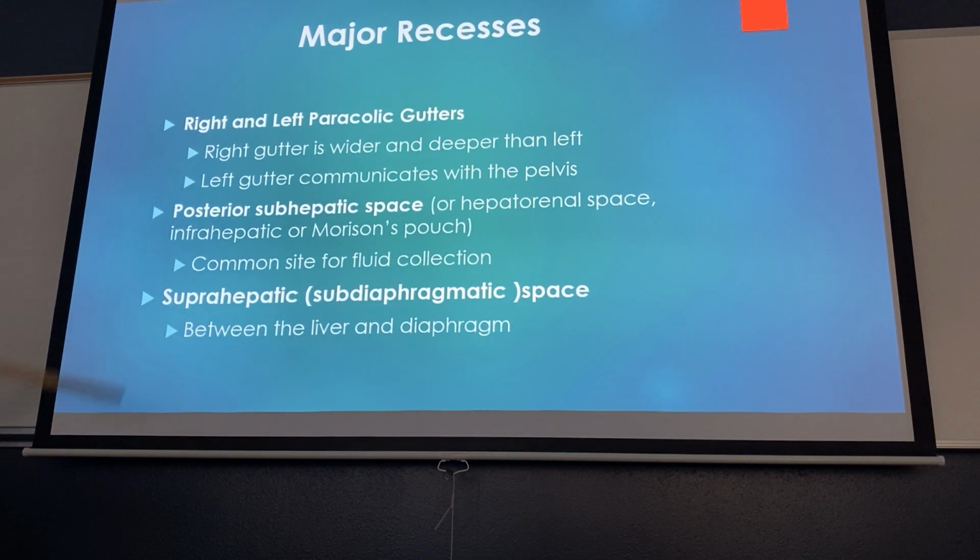This one often shows up with imaging when patients have pathology present. And then finally, there's one right below the diaphragm referred to as the suprahepatic or subdiaphragmatic space. That often shows any buildup of fluid on the upper portion, the ventral surface, of the liver.